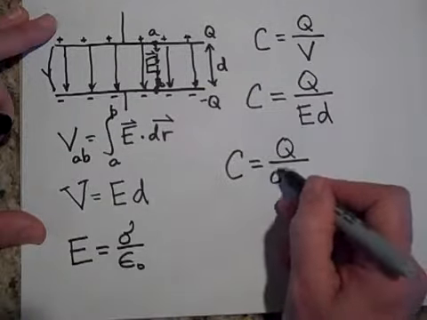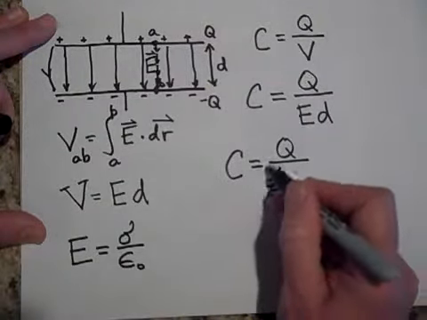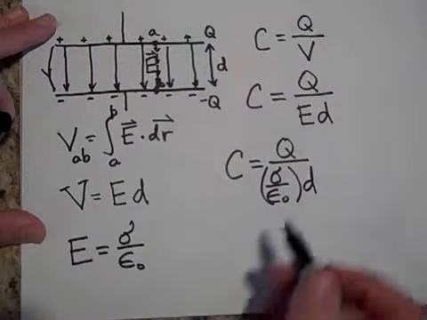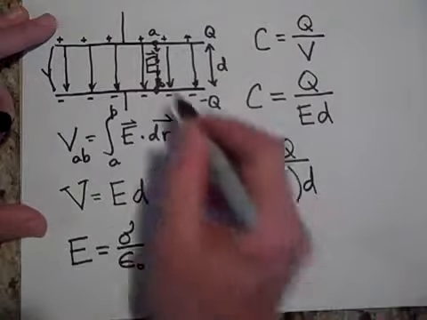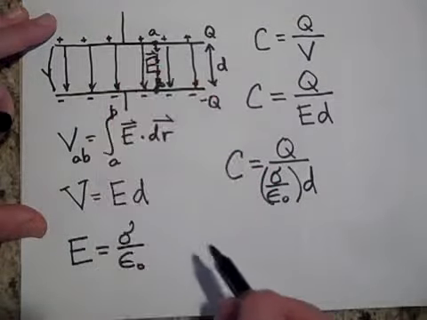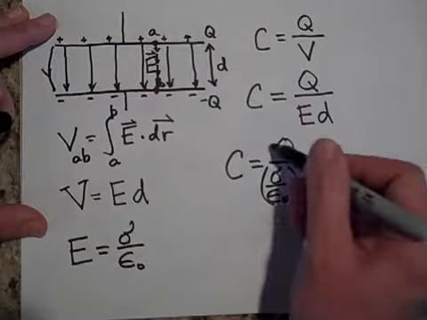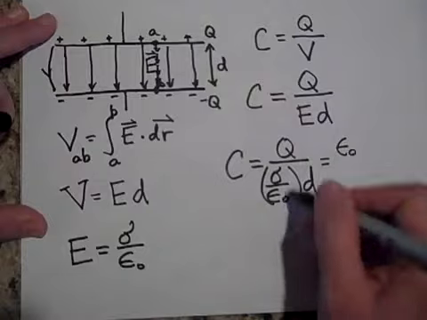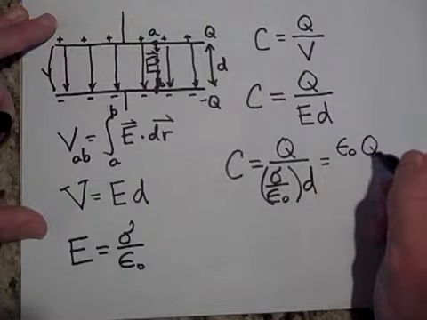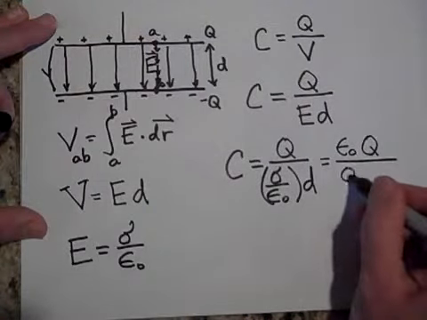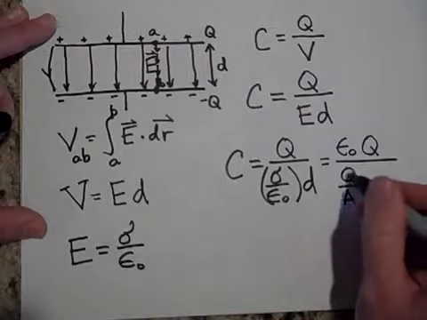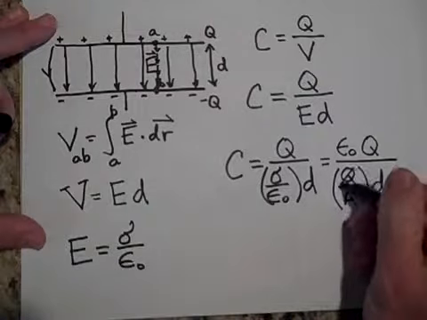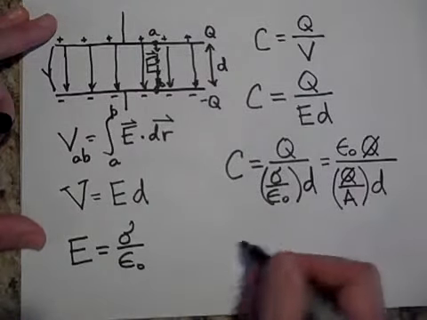Now E is sigma over epsilon naught. But sigma is Q over A. It's the charge per area on this thing. So let me bring the epsilon naught all the way up, and for sigma I'm going to put Q over A. Okay, we can cancel out a Q, and that A can come all the way up to the top.